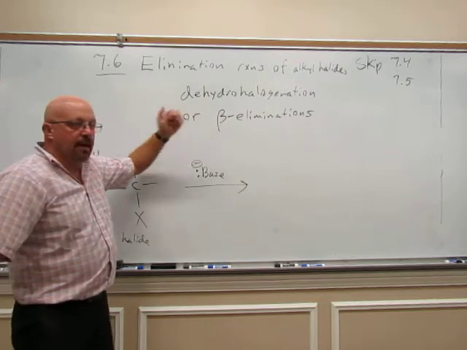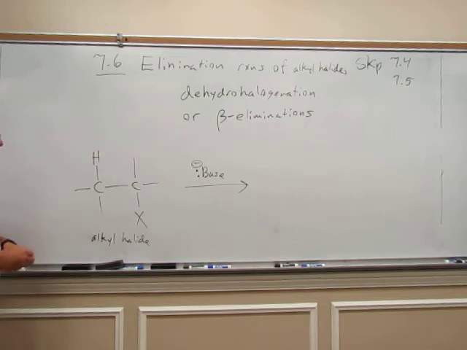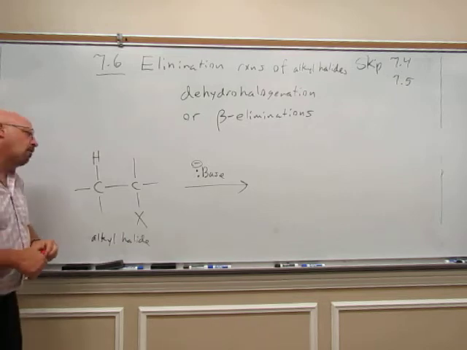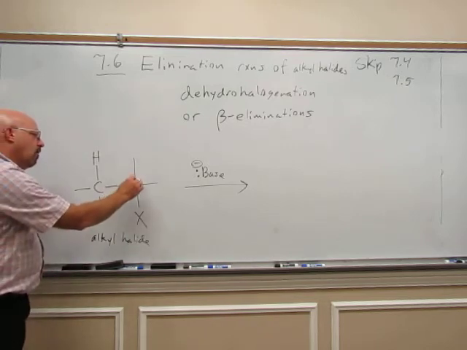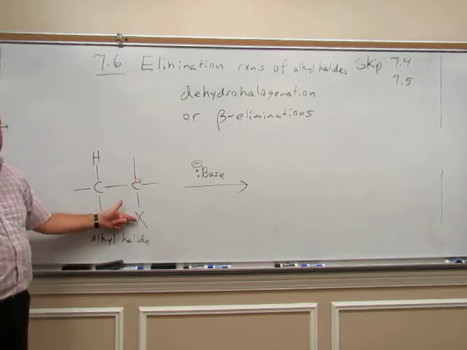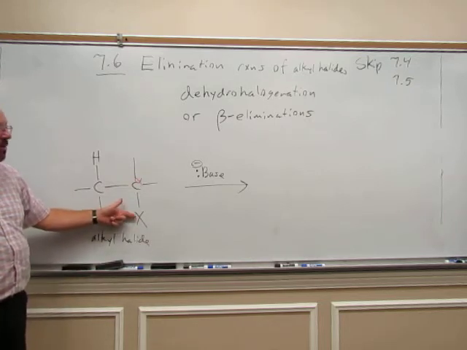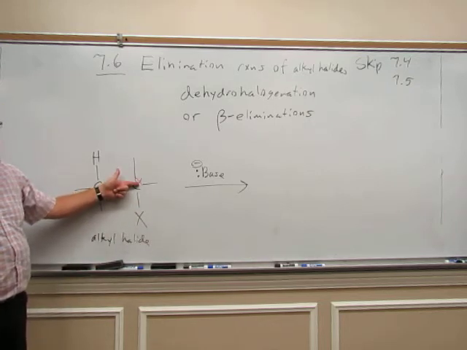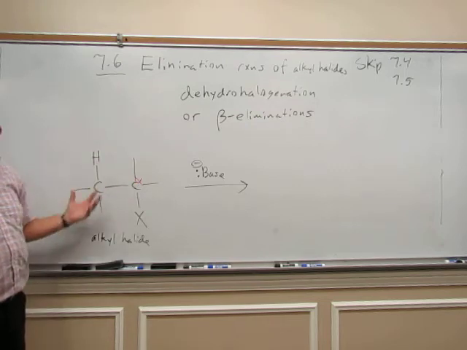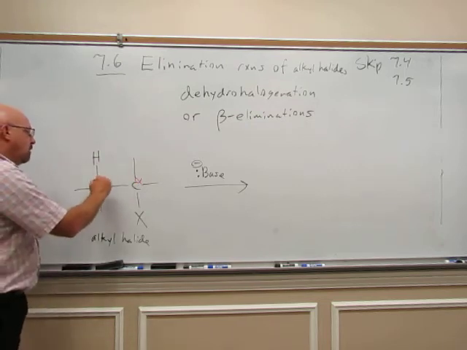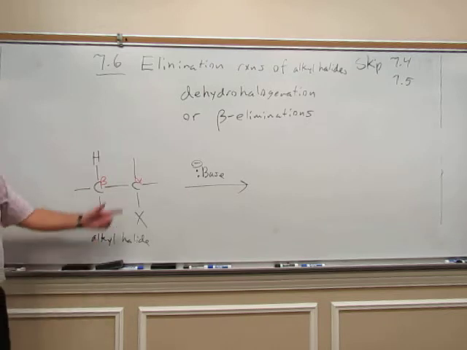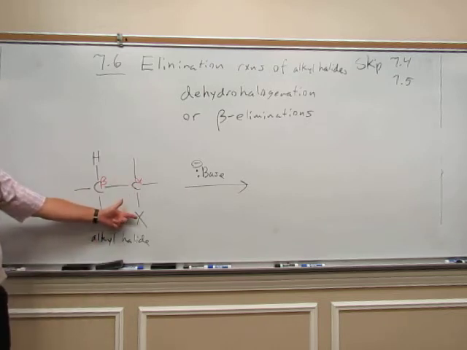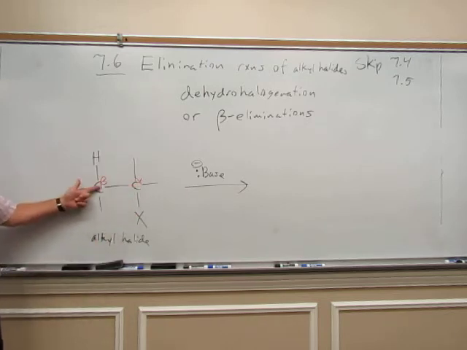That's where we get the beta elimination name from. The alpha carbon is the carbon with the halogen, with our leaving group. That's the alpha carbon. The next carbon out would be a beta carbon. This is a beta carbon. Alpha is where your halogen atom is, or leaving group is. Next carbon over is beta.